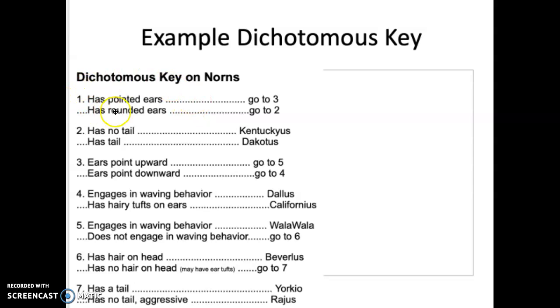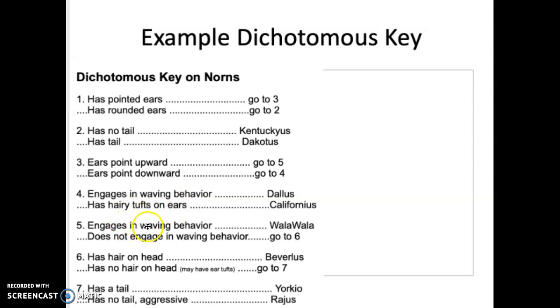The first set of characteristics is about whether the ears of these characters are pointed or rounded. The second one has to do with having a tail versus no tail. The third group of characteristics is about the ears being pointed upwards or downwards. The fourth characteristic has to do with waving behavior or having hairy tufts on the ears.